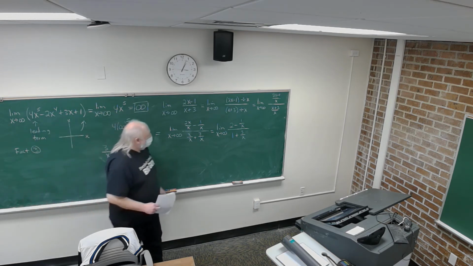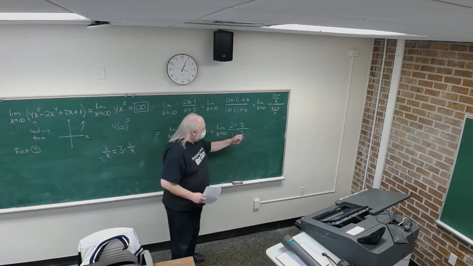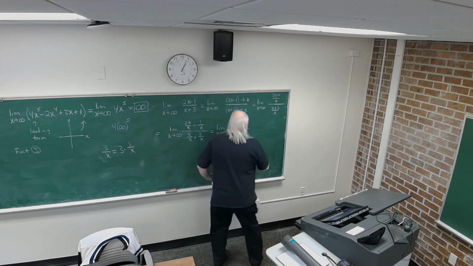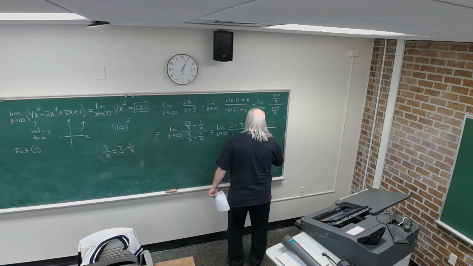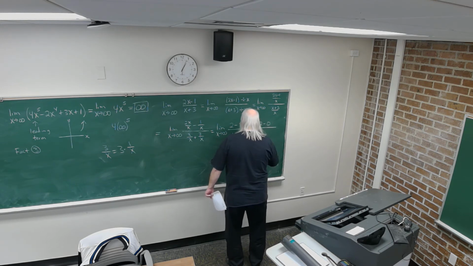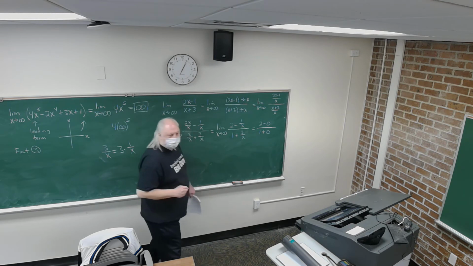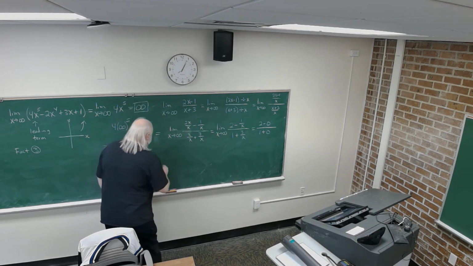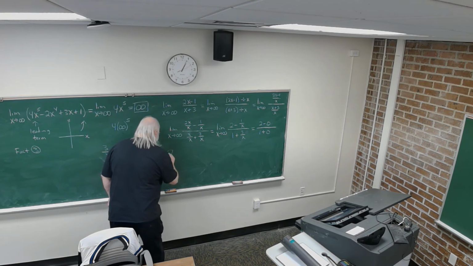So the constant 3 in the numerator doesn't keep 3 over x from going to 0 as x increases without bound. So this is equal to 2 minus 0 over 1 plus 0, which is equal to 2.